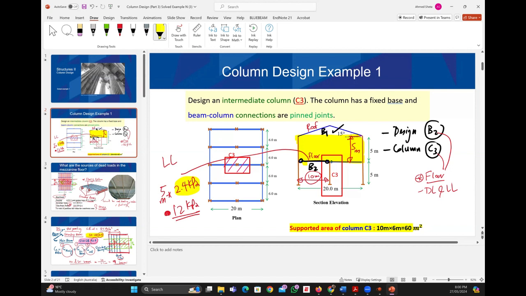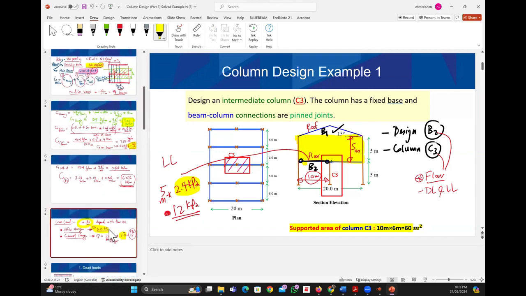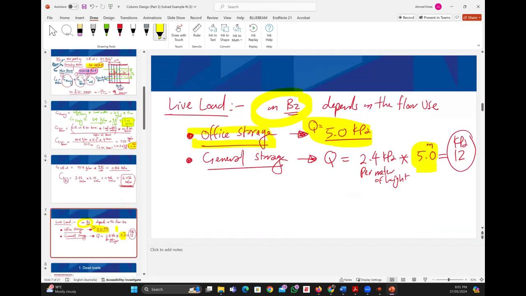The total live load will be 12 instead of 2.4. But if we look at the simpler one, office storage, it is directly 5 kPa whatever the height. That's why it is easier.